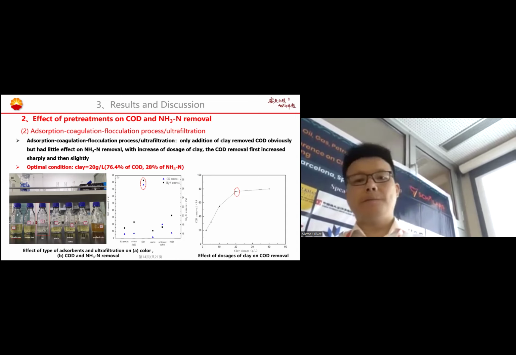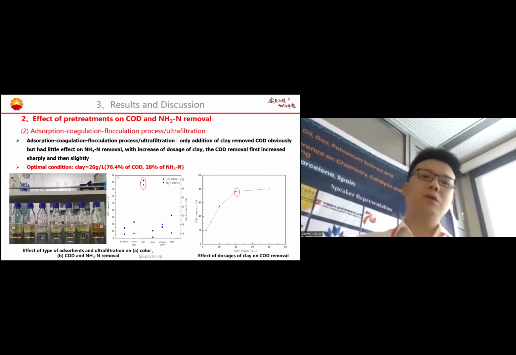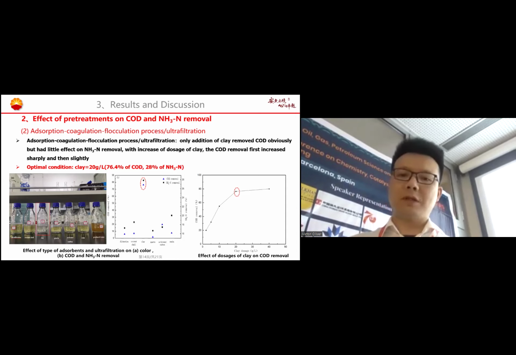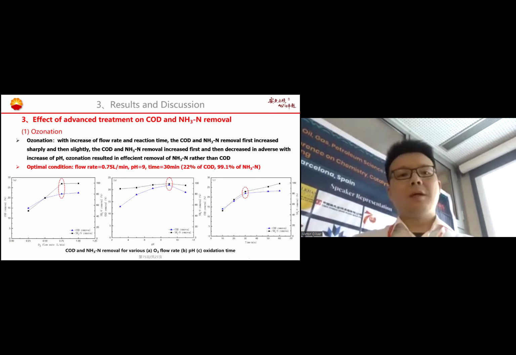So in order to remove the COD, we can use the clay to remove the COD. About the results, we should continue to study the effective technology to remove the ammonium nitrogen.